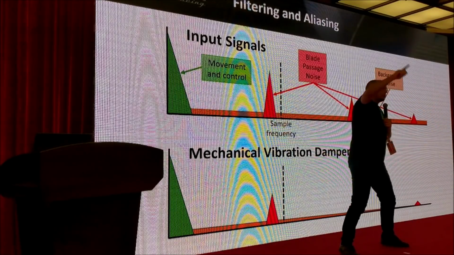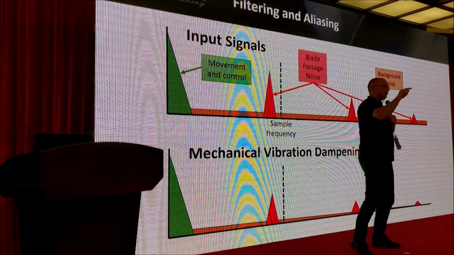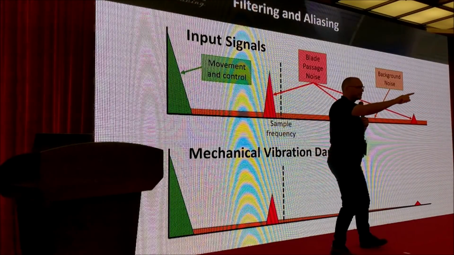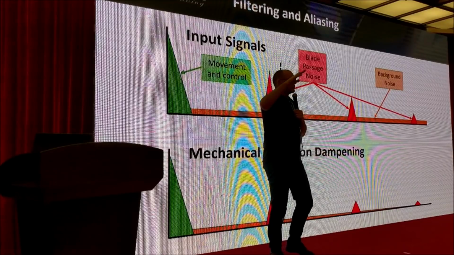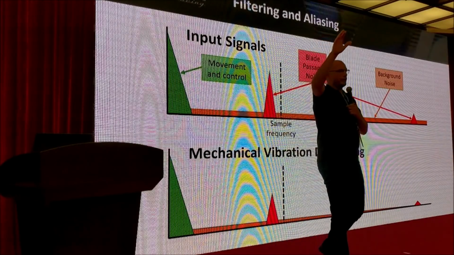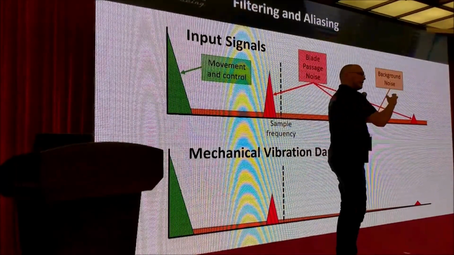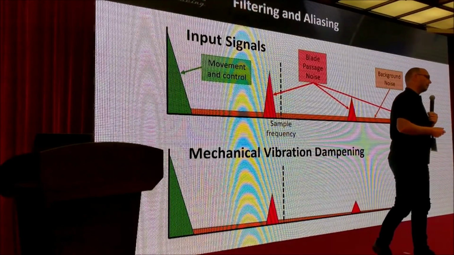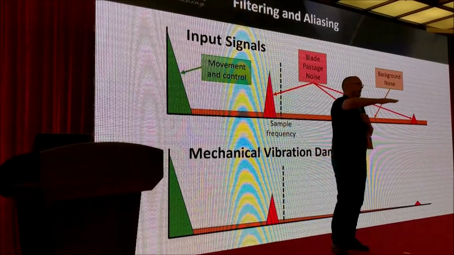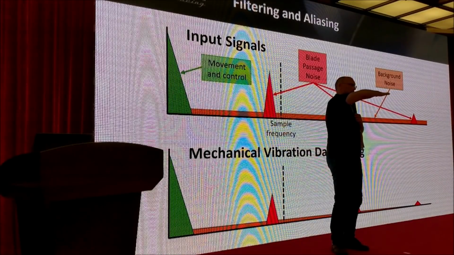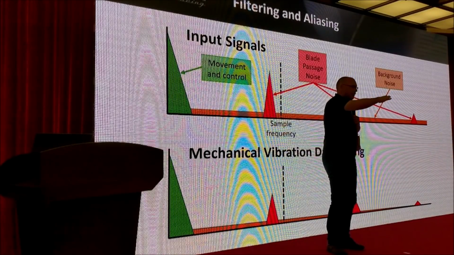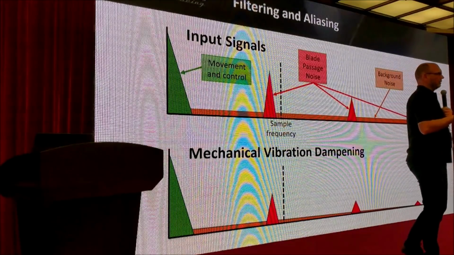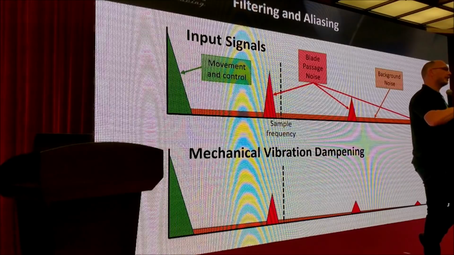So a signal like this, if I'm sampling here and here and here, looks like this. And so a high frequency noise can come down and look like low frequency movements of your airframe. And so an aircraft that should be dead still will do this, because this high frequency noise is tricking your aircraft into thinking that it's moving.